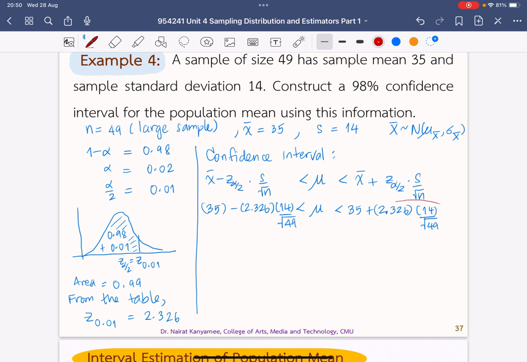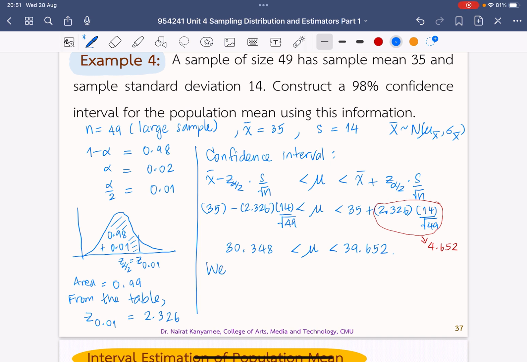This value is 4.652. If we calculate, mu is between 30.348 and 39.652. We are done.